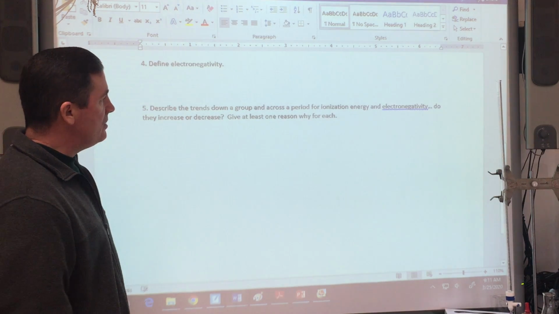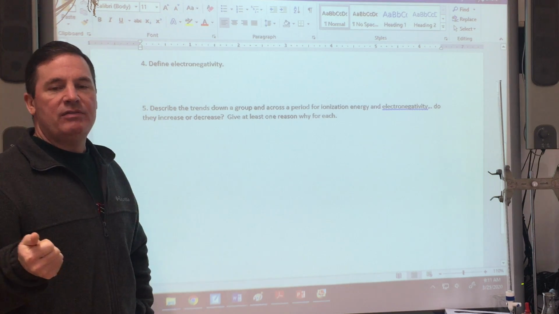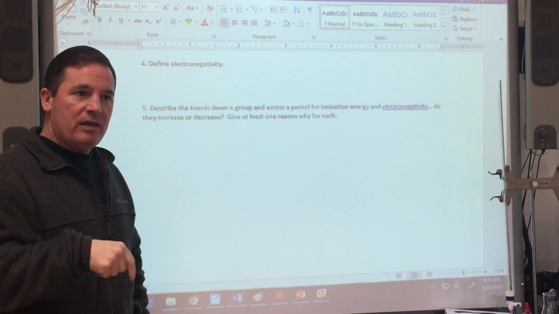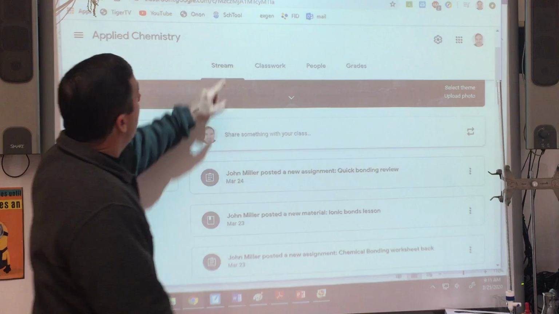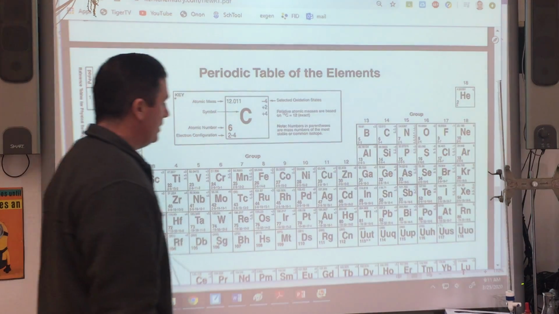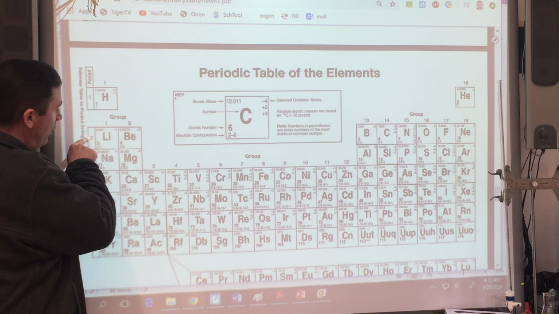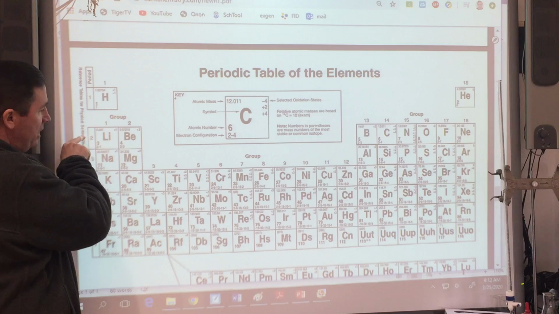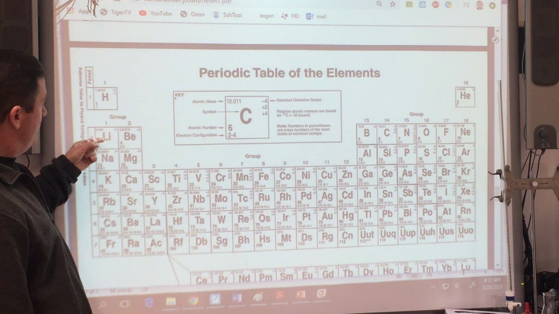And then the trends. Now remember that ionization energy and electronegativity go hand in hand. If one goes up, the other one goes up, and if one goes down, the other one goes down. So let's take a look at our periodic table here. You might remember that if we go across a period, these are periods 1, 2, 3, 4, 5, there are more protons.